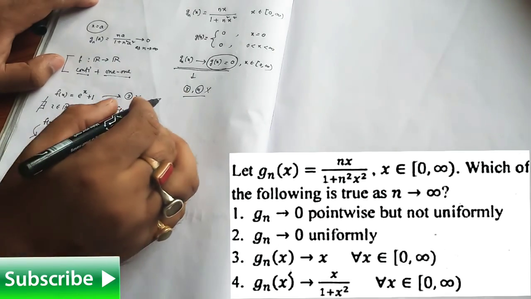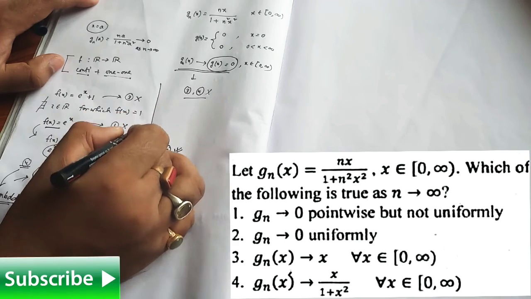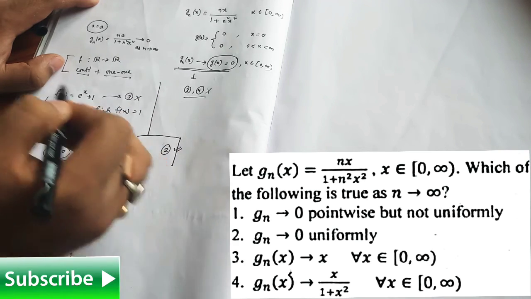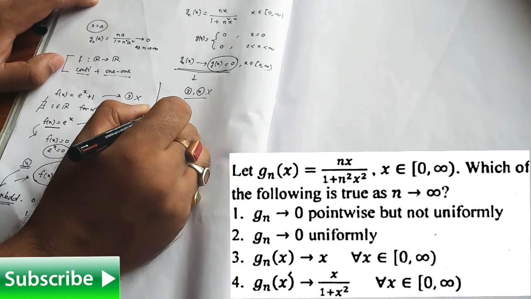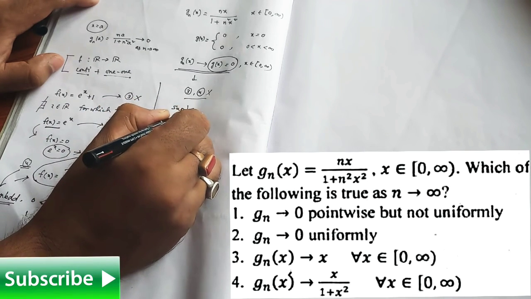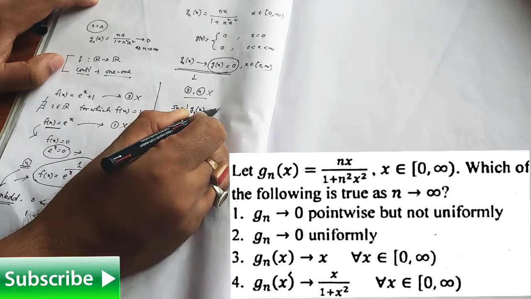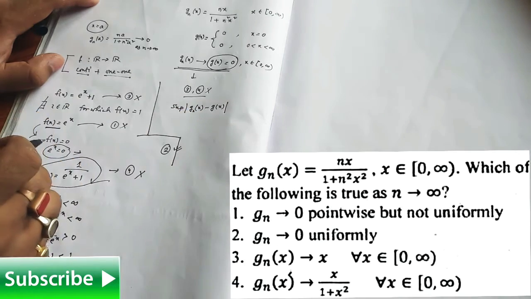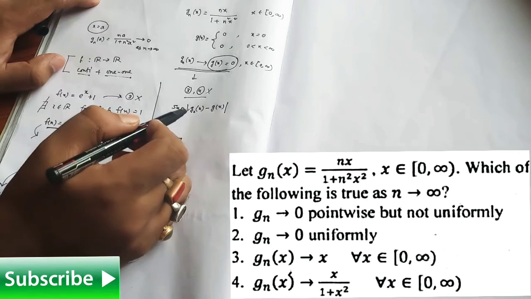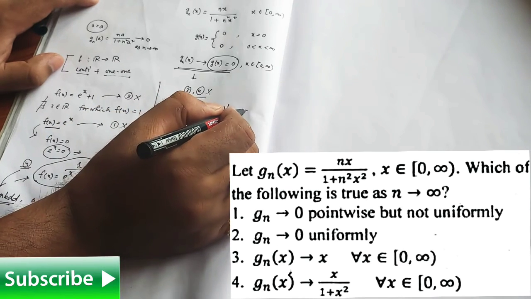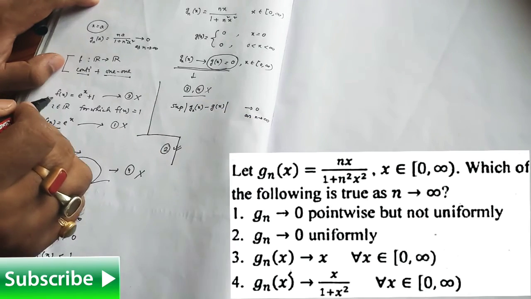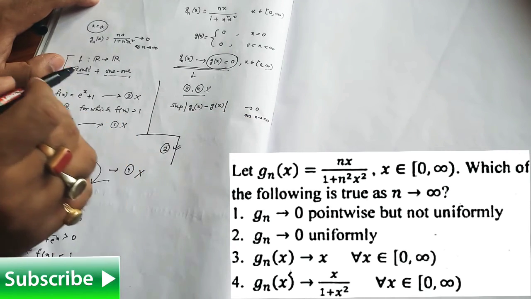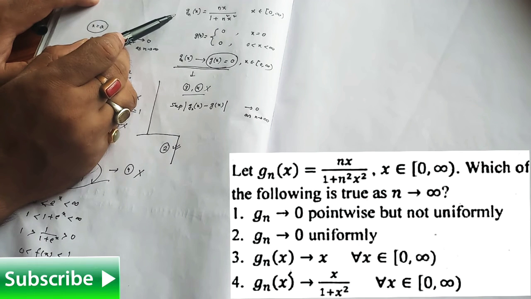Now to check whether g_n(x) is uniformly convergent or not, we simply find the supremum of |g_n(x) minus g(x)|, and if this quantity tends to 0 as n tends to infinity, then we will say that the given sequence of functions is uniformly convergent.